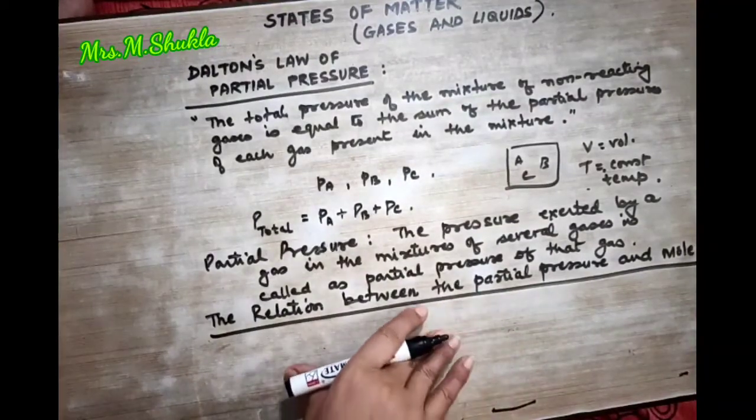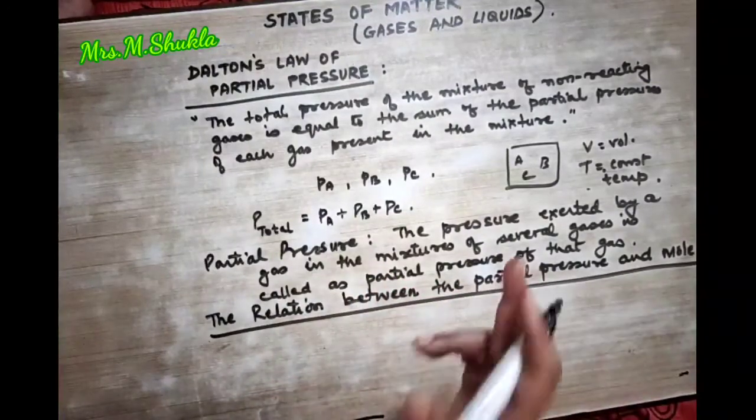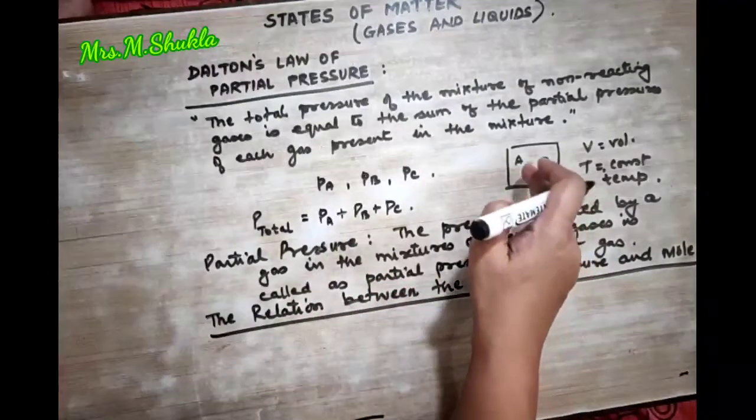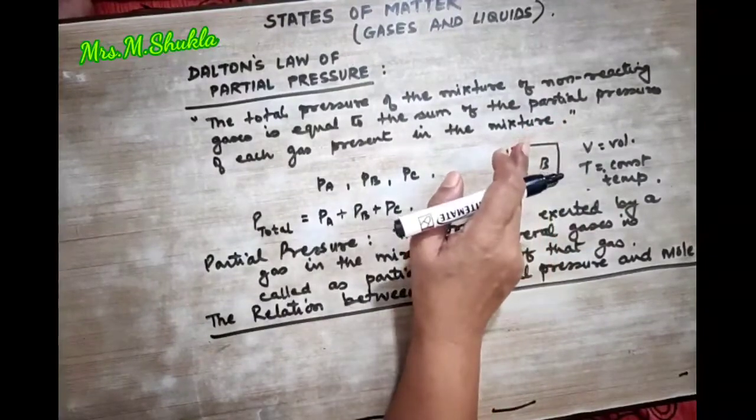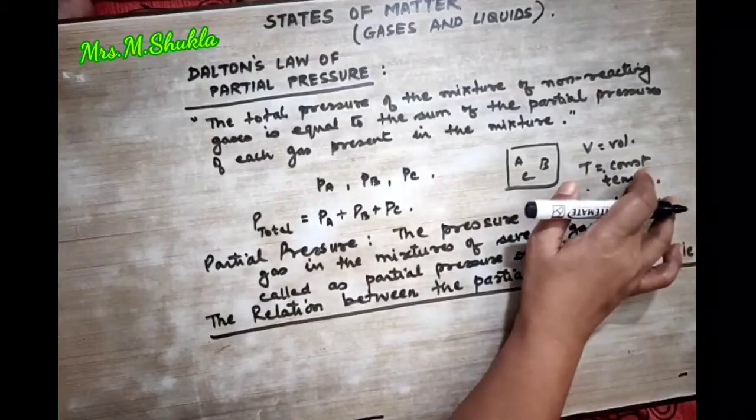So the partial pressure of the gas completely depends upon the mole, or the amount, that is taken in the container of fixed volume maintained at constant temperature.